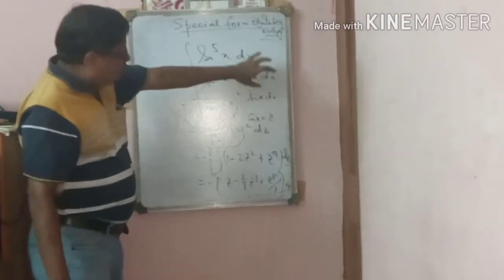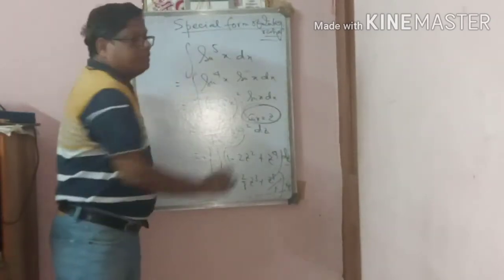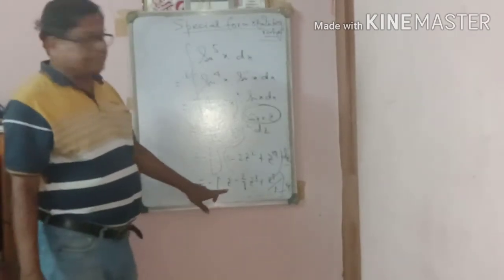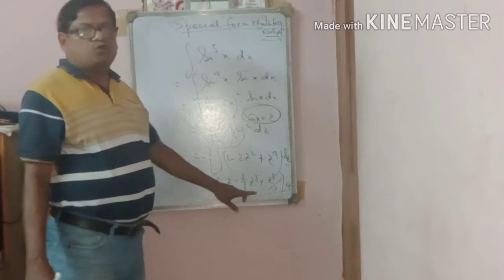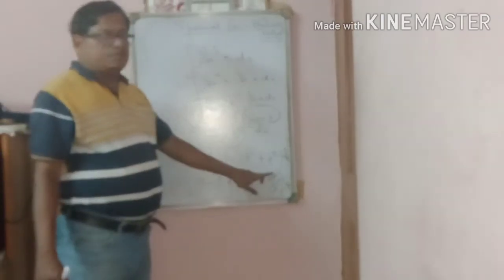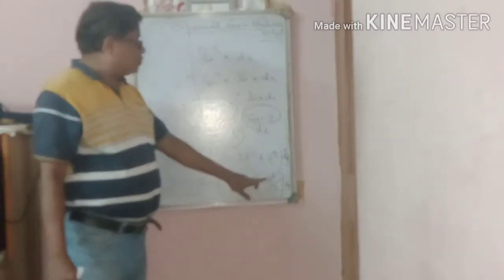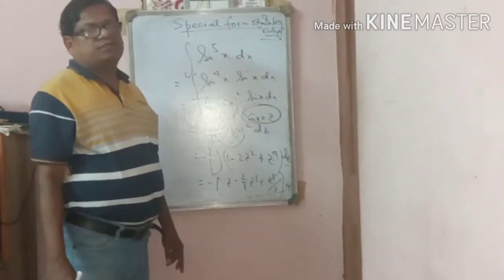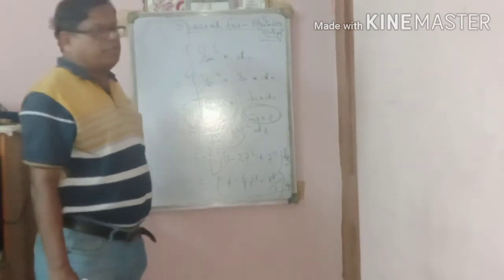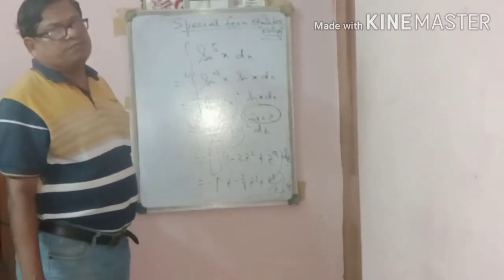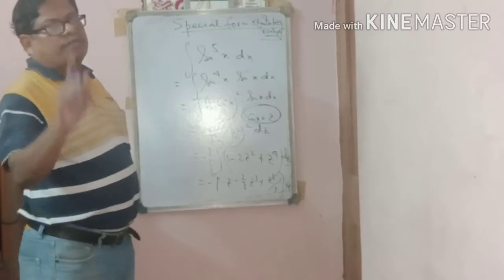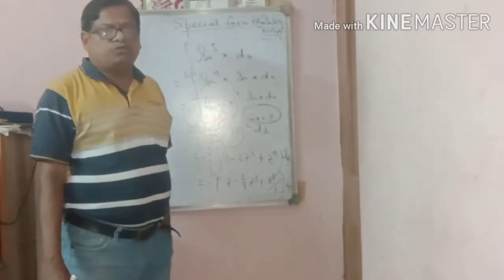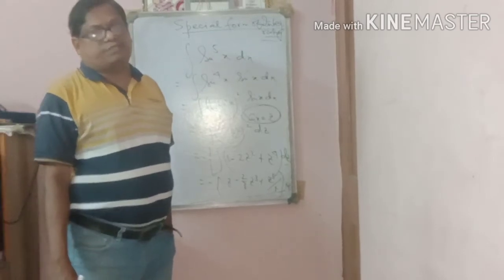And you put the value, cos x for z, so you get minus cos x minus 2 by 3 cos cube x plus 1 by 5 cos to the power 5 x plus c. So remember, for sin to the power m x, if m is an odd number, then you put cos x equal to z.